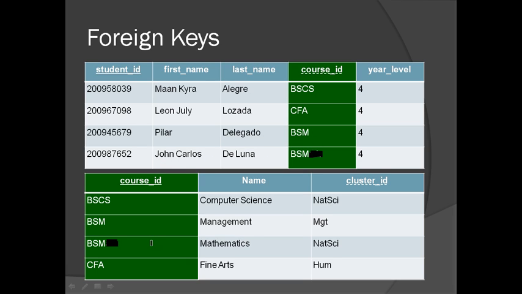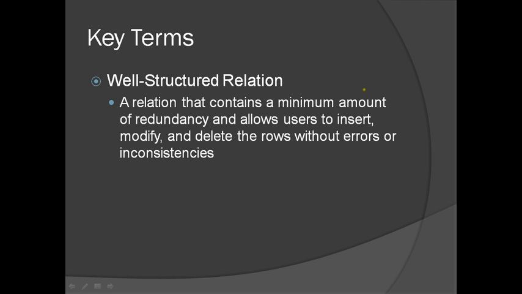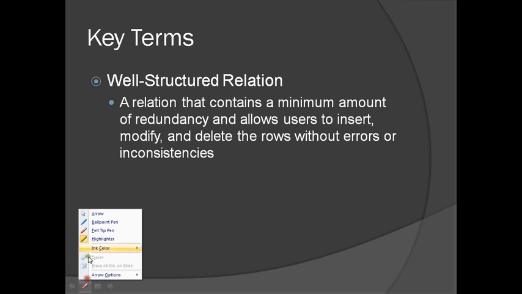The fifth and last key term is a goal of database design. Well-structured relation. A well-structured relation is a relation that contains a minimum amount of redundancy and allows users to insert, modify, delete the rows without errors or inconsistencies.